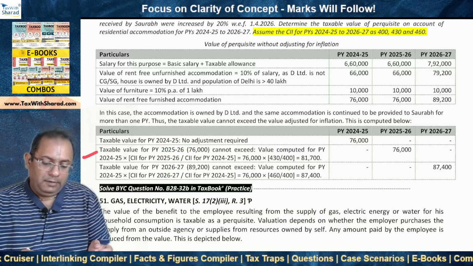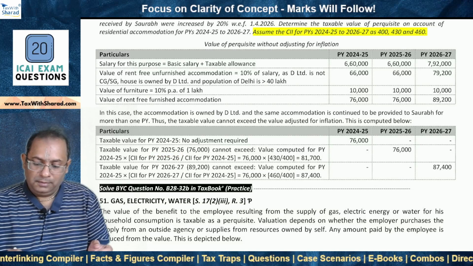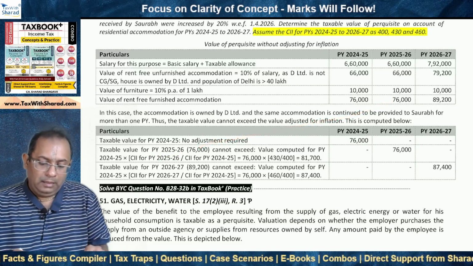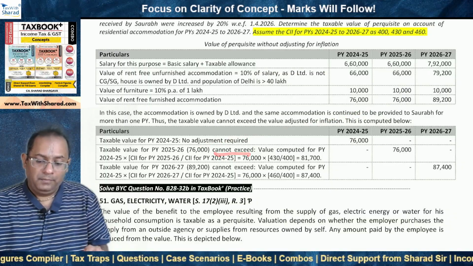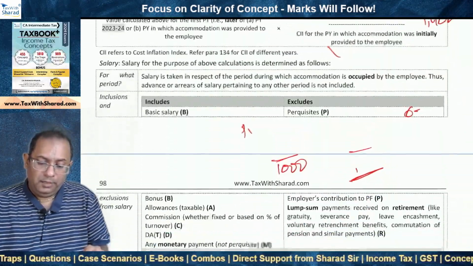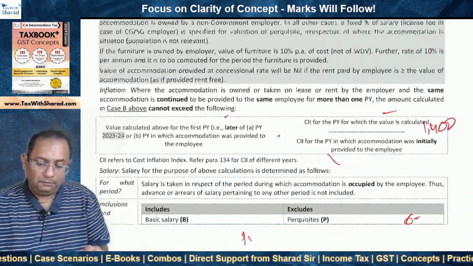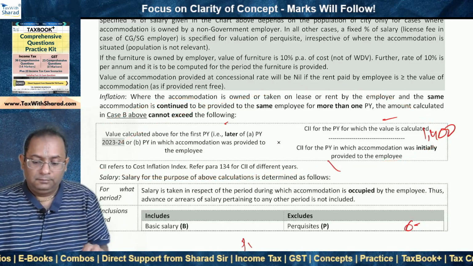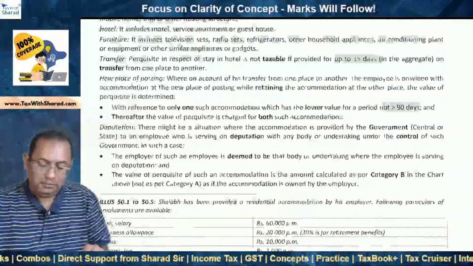So now taxable value for previous year 25-26, which is 76,000 without any adjustment. Now this value cannot exceed the value calculated as per this formula.